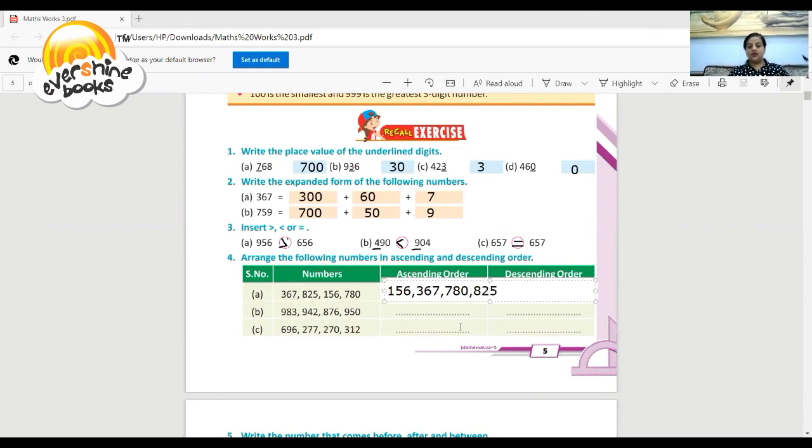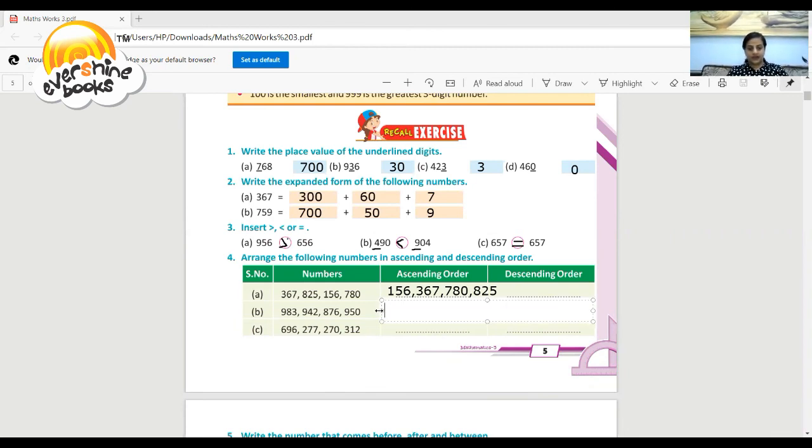This is called ascending order. And when we do it just opposite, first we will write 825, then 780, then 367, then 156. It means it is descending order. Okay. So here first of all we will do ascending, then descending.